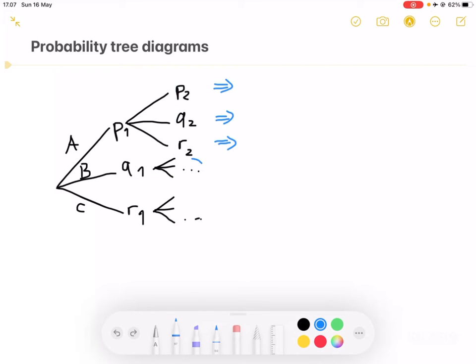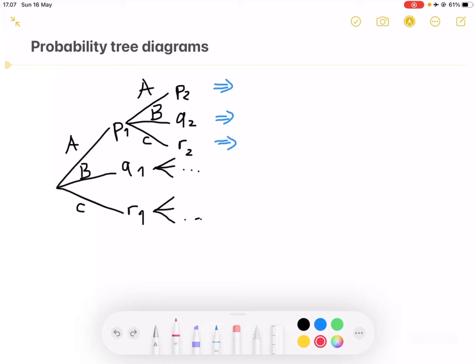Where there is a dot dot dot, you can figure it out by yourself. Now let's assume, oh yeah, I forgot to write this. Let's assume that we need to find the probability that the events will be A and A respectively.